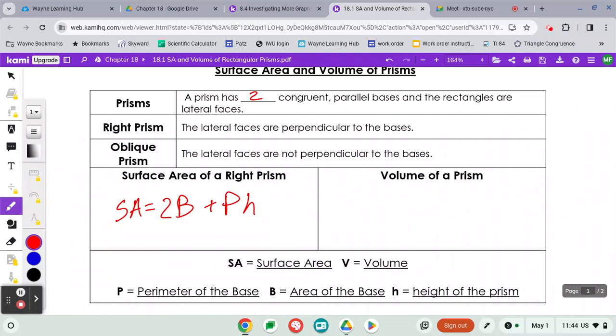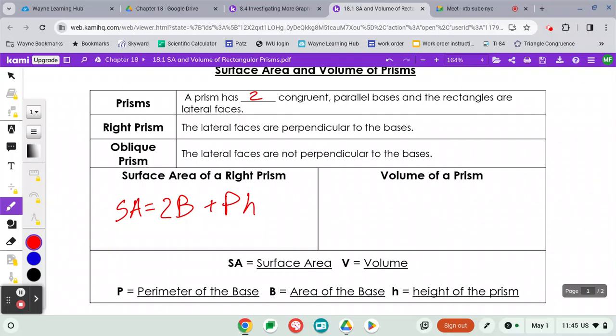All right, so finally, the second one, volume. When I say volume, what does that mean? How much it holds. So if we say how much can this hold, how much water, if I'm trying to fill this up with water, this is the area of the base.